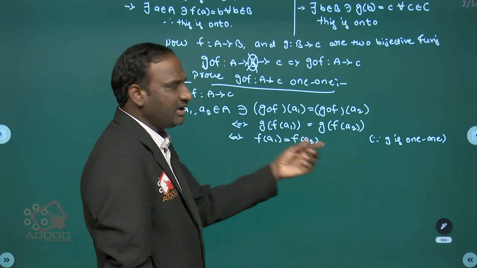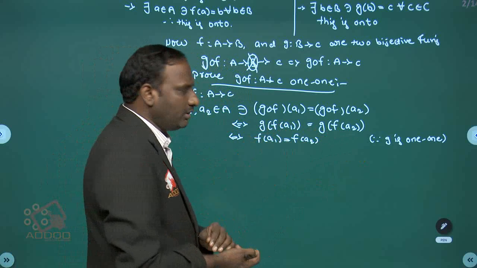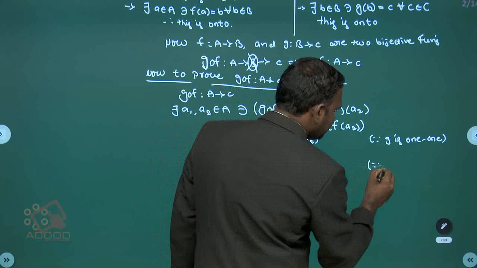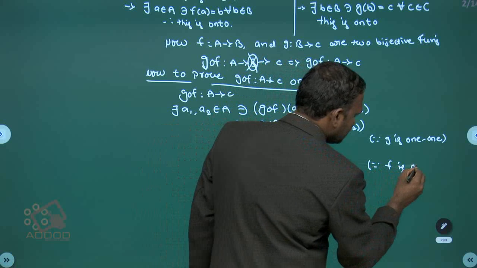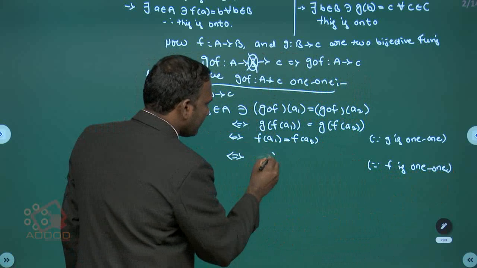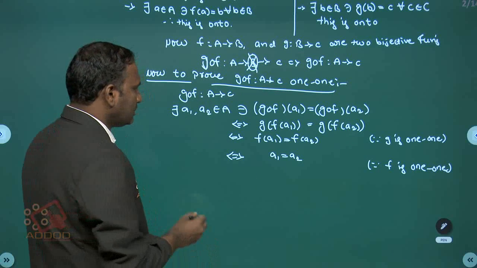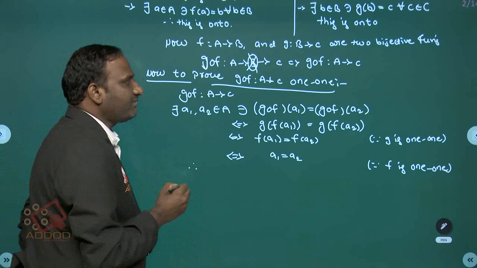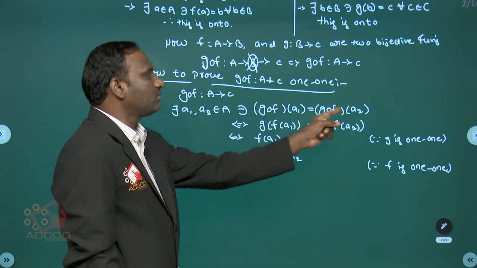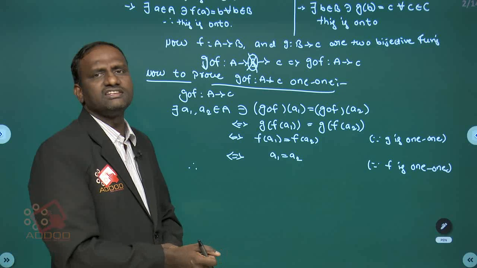Since F is one-one, A1 is equal to A2. Therefore, we started from G circle F of A1 equal to G circle F of A2, and reached A1 equal to A2.